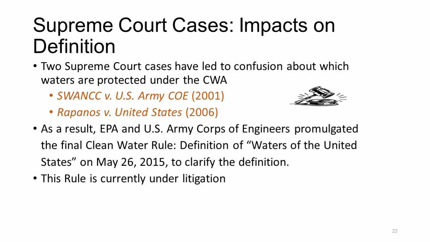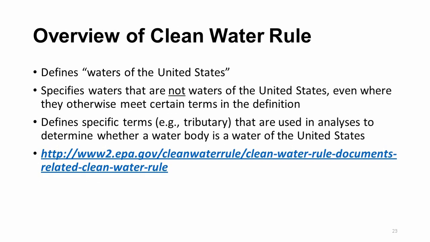The first time was a case in 1985, before we even get to Swank, called U.S. v. Riverside Bayview Homes. In that case, the court upheld the Corps' authority to regulate wetlands that are adjacent to the waters of the United States. So we know wetlands are waters of the United States, or at least some wetlands are. The court also said that the term navigable is of limited import in understanding what waters are covered. So navigable waters, but navigable, limited import.